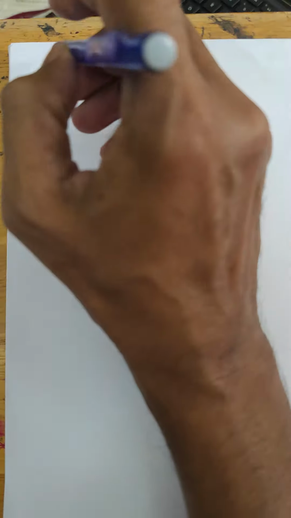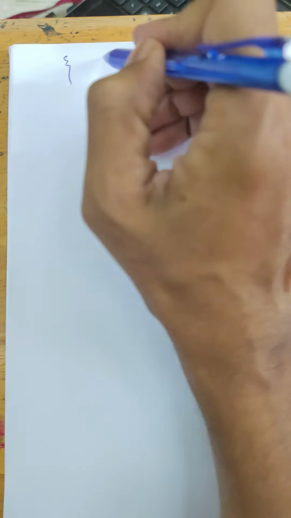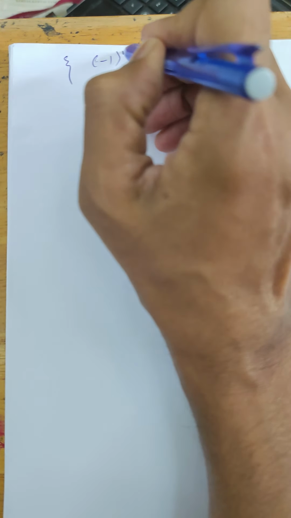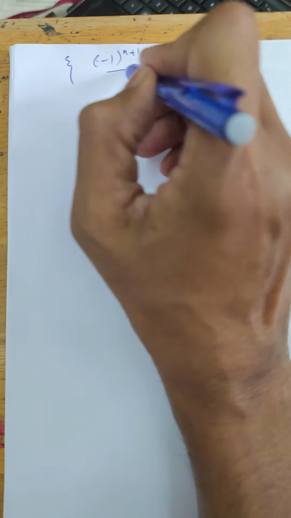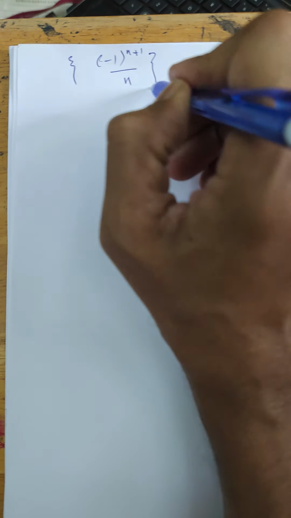What about this sequence, minus 1 to the n plus 1 over n? Does this sequence converge or diverge, increase or decrease?